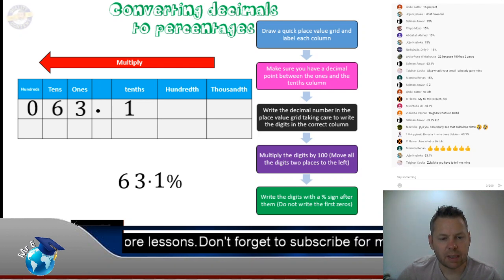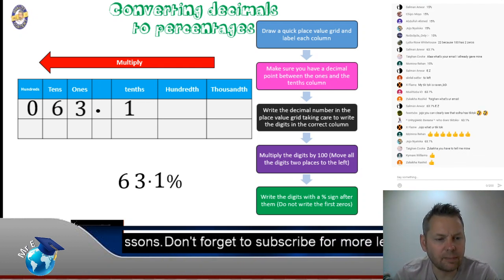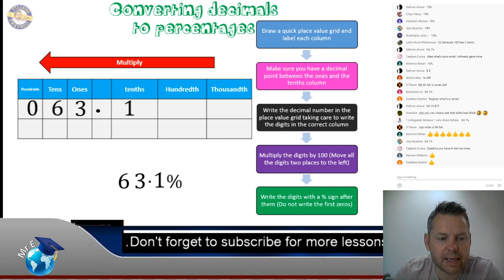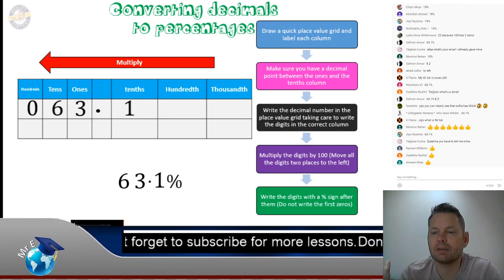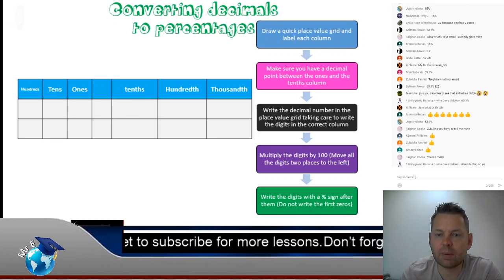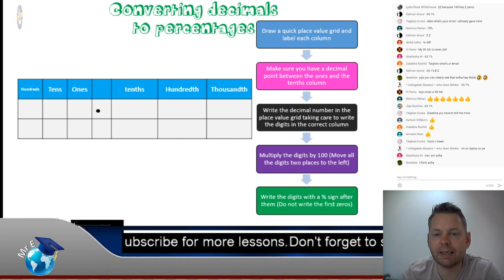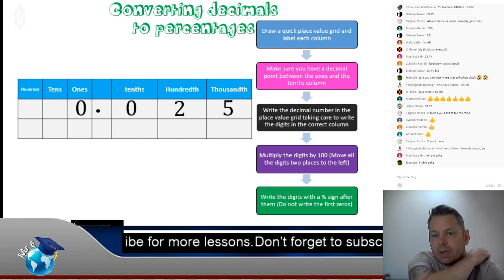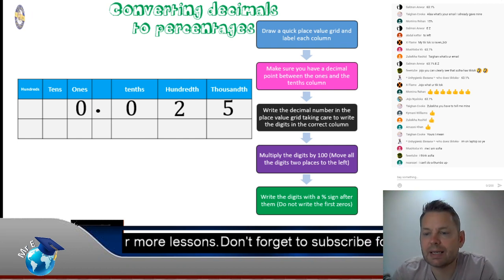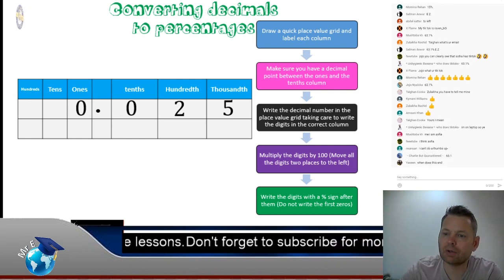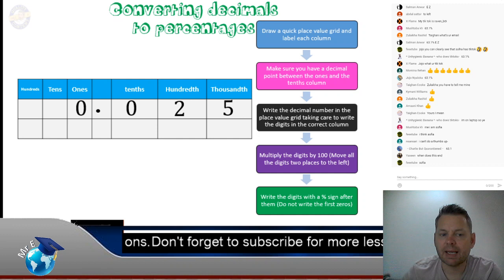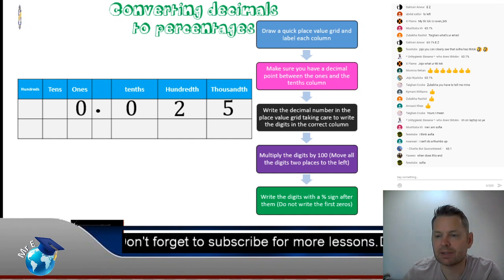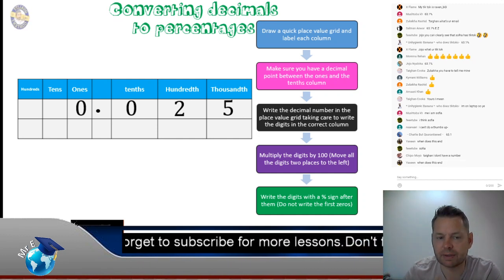Well done, Momina, Zaleika, and Jojo. Okay, so I think this is much, much easier because you're multiplying by 100. So what I want you to do then is tell me, using this method, what this would be as a percentage. So draw your place value grid, plot your number correctly, and then move it 2 places to the left.